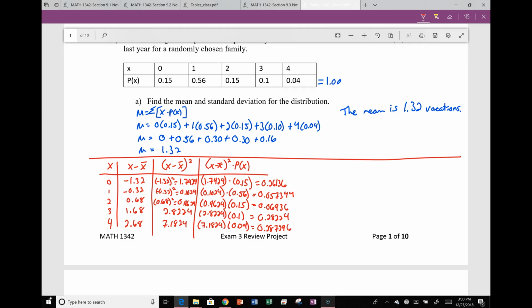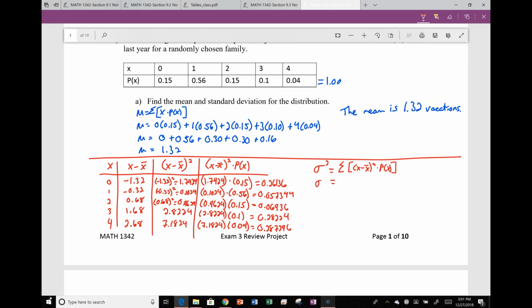This is the chart in order to get us our variance and standard deviation. Now recall back in chapter 3, whenever we were finding the variance, we did this column, we added it up, and then we divided by how many numbers there were. Well, in this case, that's kind of already been done for us with the probabilities. So whenever we look for the variance, sigma squared, it's just going to be the sum of the value minus its mean squared times the probability.